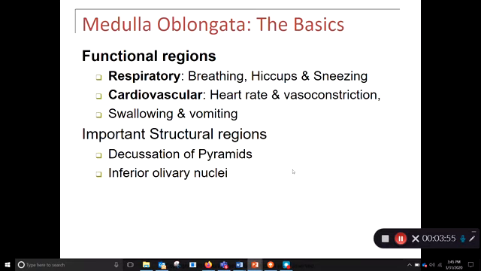This is the area where your respiratory tract is regulated: your breathing, your hiccups and sneezing, swallowing and vomiting. And you also have your cardiovascular regulation here: your heart rate and your vasoconstriction. Very important feature of the medulla oblongata.